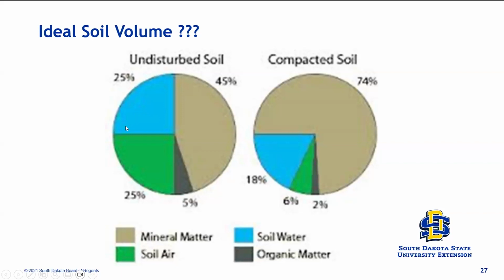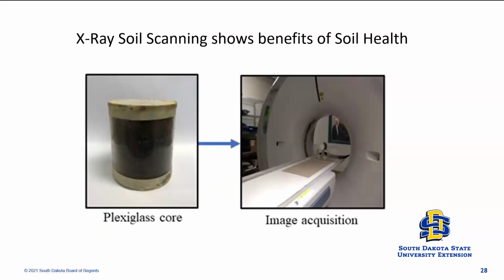Certainly, as we get too much water, it becomes saturated, and then we get an anaerobic condition, and that's not favorable. On the right is a compacted soil. Here we see the solids taking up most of the soil volume, and we have less room for air and water exchange.